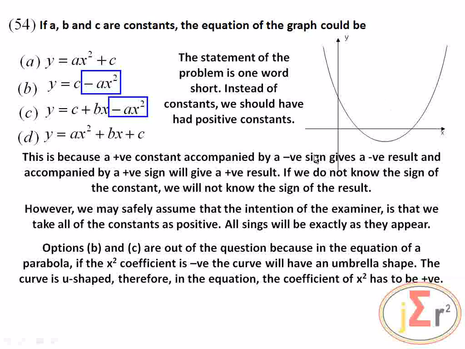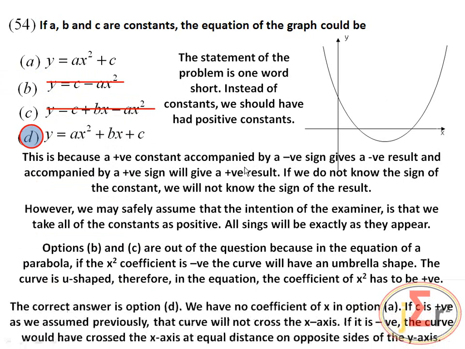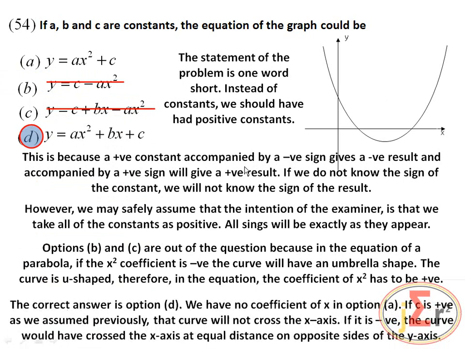The one that has the x squared coefficient as positive will have a U shape, like the one that we have right here. Those two are out. The correct answer is option D. We have no coefficient of x in option A. If C is positive, as we assumed previously, that curve will not cross the x-axis.